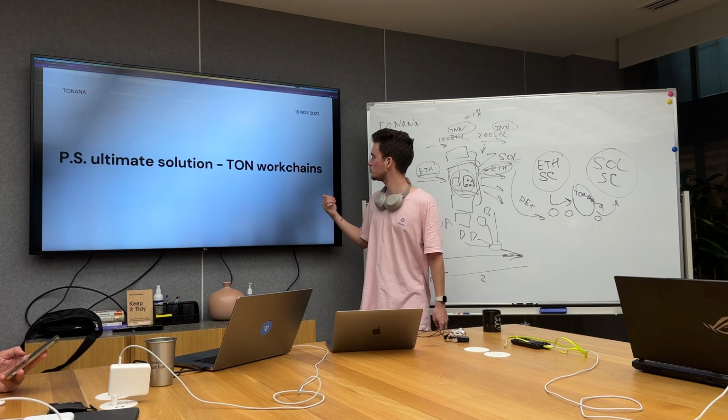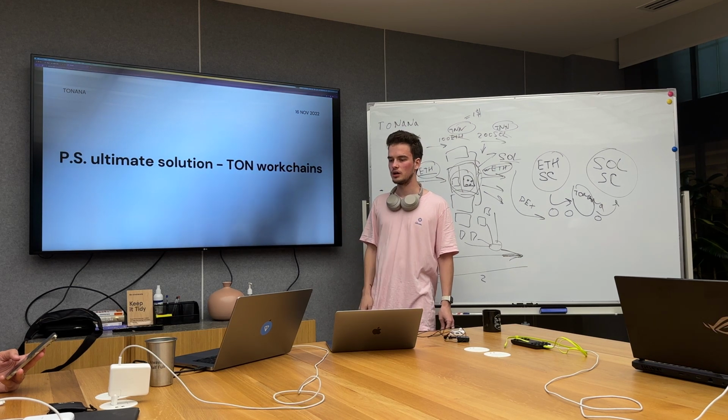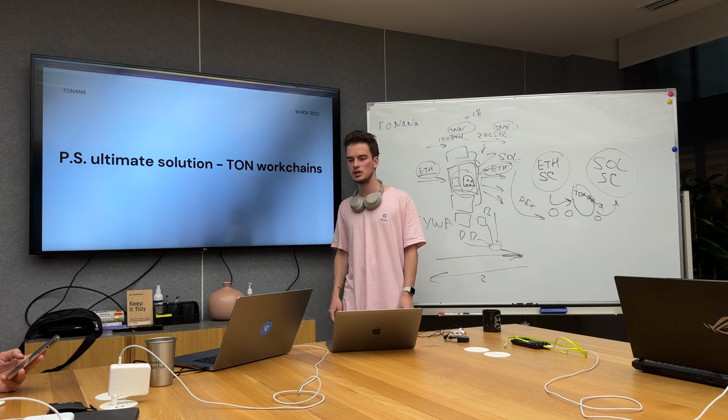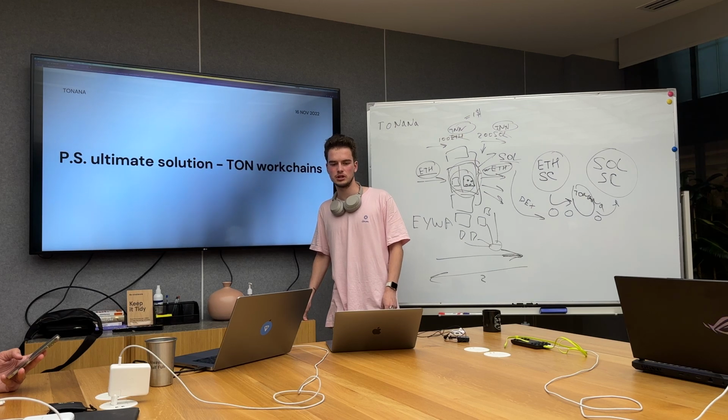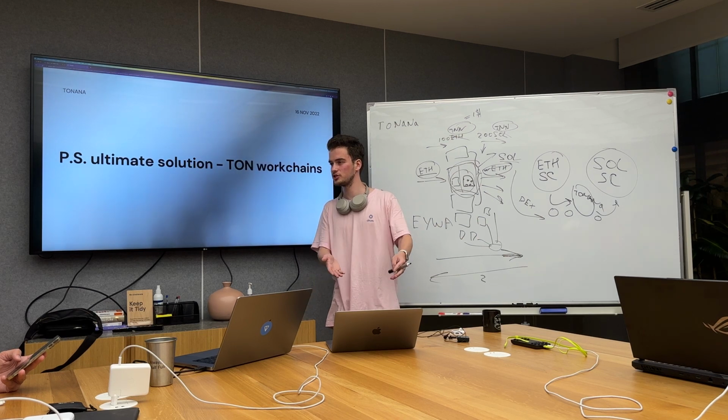But right now, workchains are not working. They have planned to run a BTC workchain in the first quarter of next year. But as I know, even the BTC workchain will not be able to run such things for users.